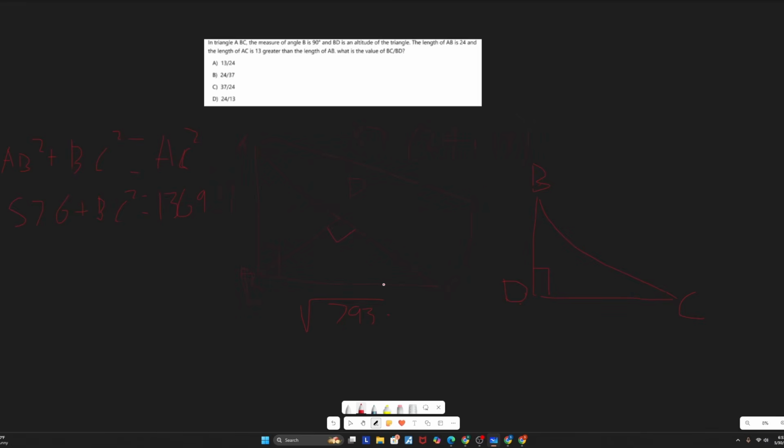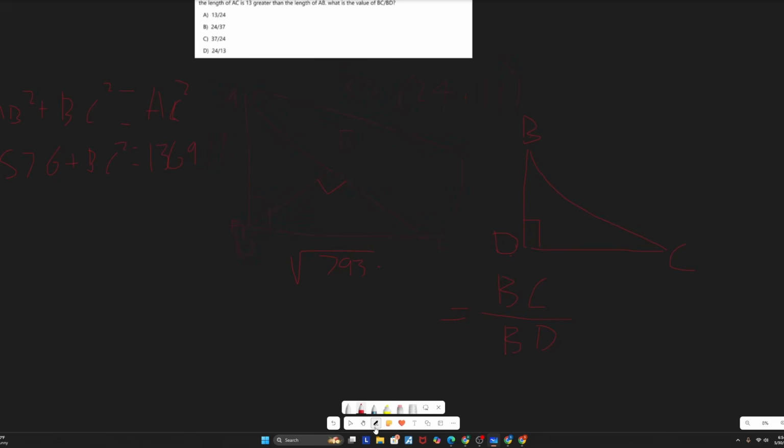So now that we know that we have these triangles similarly oriented, we can set up ratios. Since we're trying to find a ratio similar to BC over BD in triangle ABC, this is how we're going to set up ratios, in a way that these side lengths are going to be oriented similar to the way these are arranged.